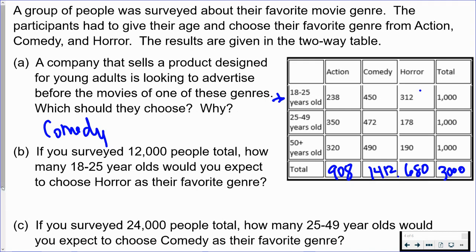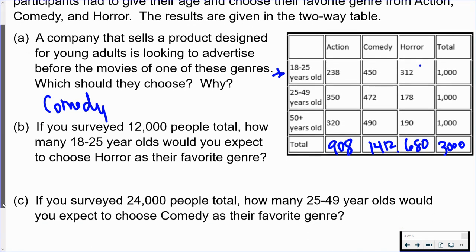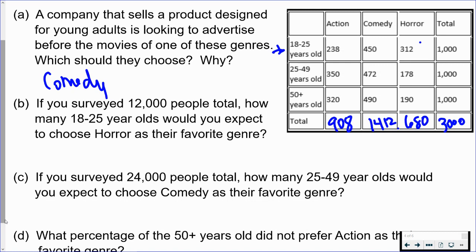Okay. Part B, let's see if I can move this. Oh, and I can. Okay, part B, if you surveyed 12,000 people total, how many 18 to 25-year-olds would you expect to choose horror as their favorite genre? Okay, so first of all, we're still looking at the 18 to 25 category. Out of 3,000 people, we have 18 to 25-year-olds for horror is 312. Right?